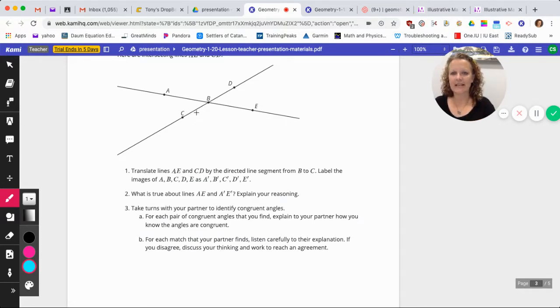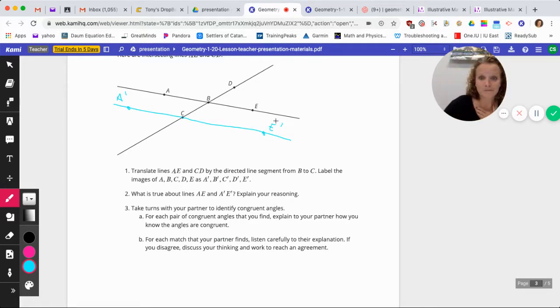So let's translate lines AE and CD by the directed segment from B to C. So I want this line translated BC. This is going to be new A and new E. Cool?